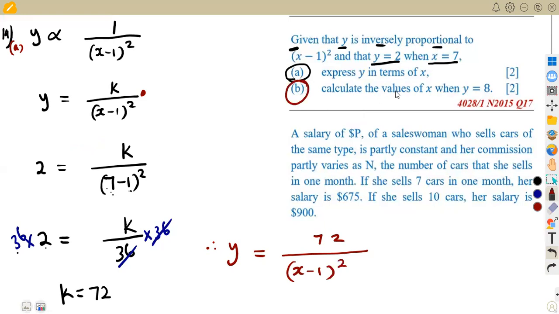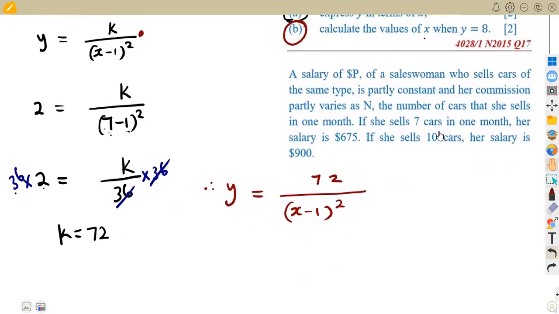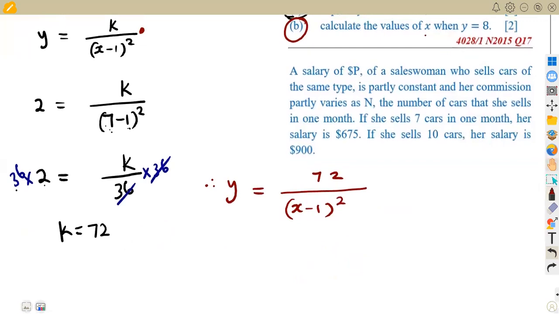Then B, calculate the values of x given that y is 8. It's easier for us to obtain the value of x now because we have a relationship connecting the two variables, x and y. So this one is simply a substitution. And take note, we're supposed to calculate the values, not a value, assuming there are 2 or more.